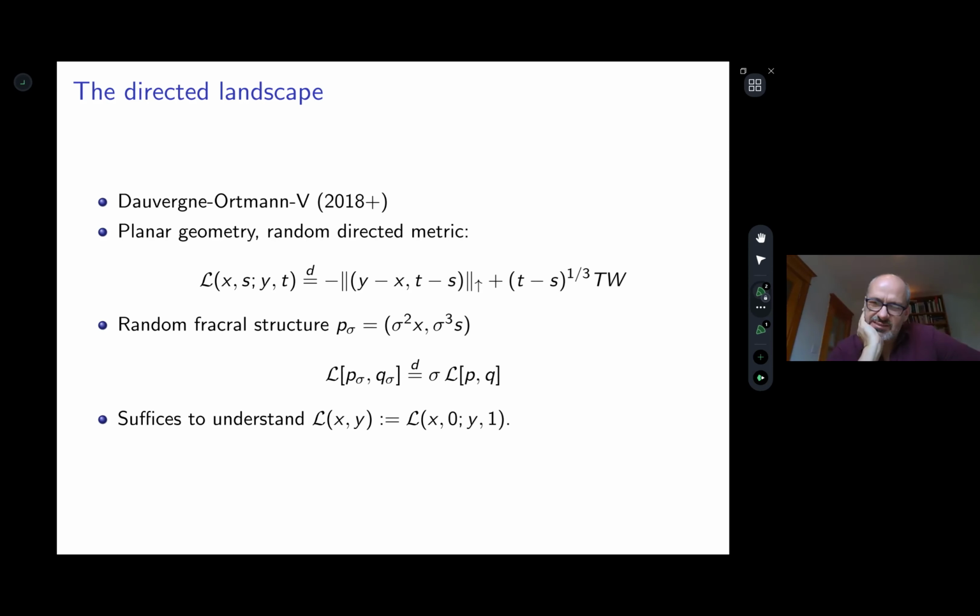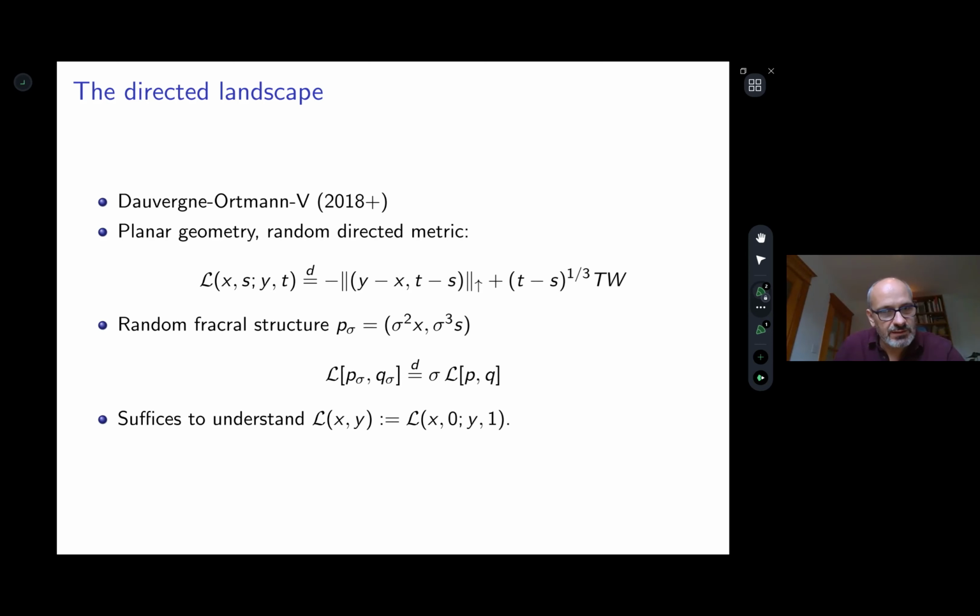So the hard part is to understand just a single time increment from, say, time 0 to time 1. Of course, other increments you can get by scaling or simply by shift, because there are also stationary increments.